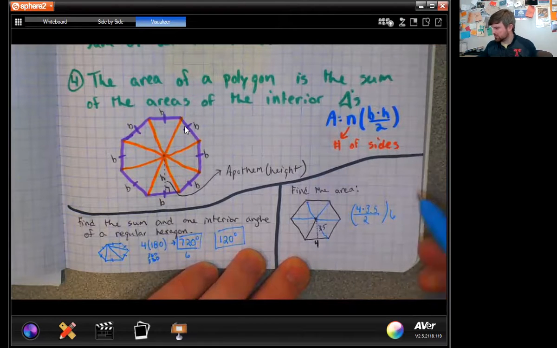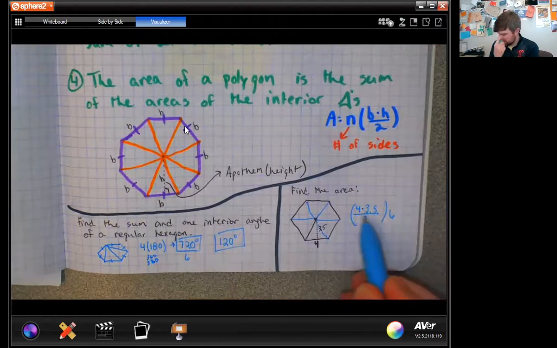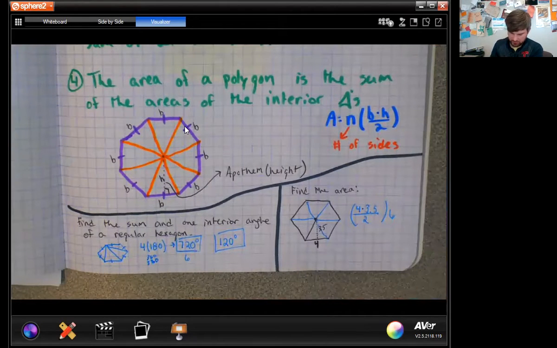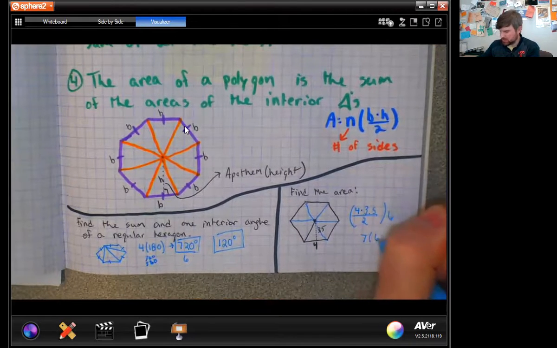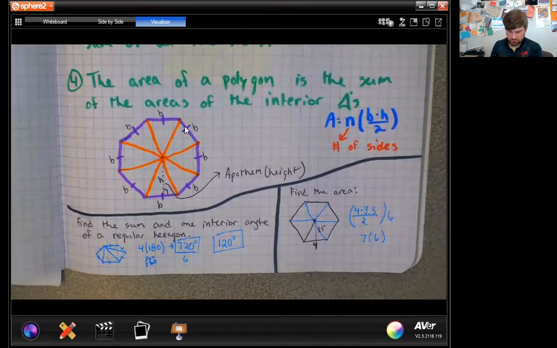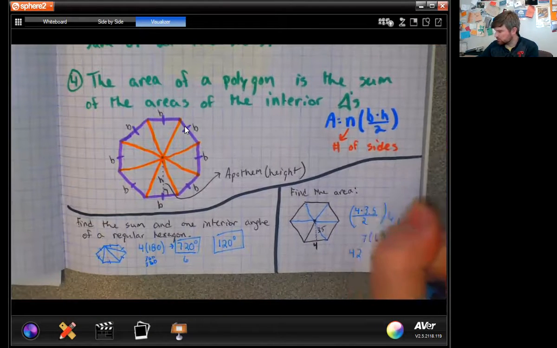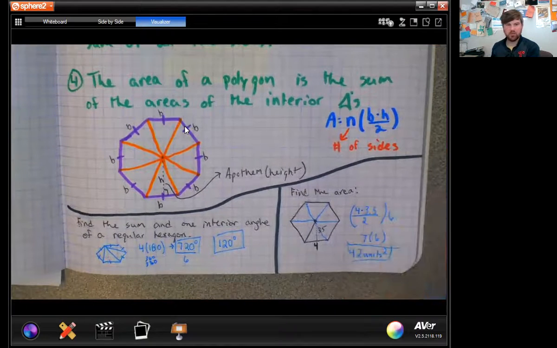So we multiply by 6. So 4 times 3.5 is 14. Divided by 2 is 7. And then 7 times 6 is 42. So the area of this thing would be 42 units squared.